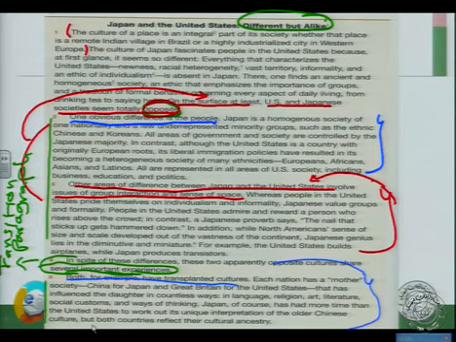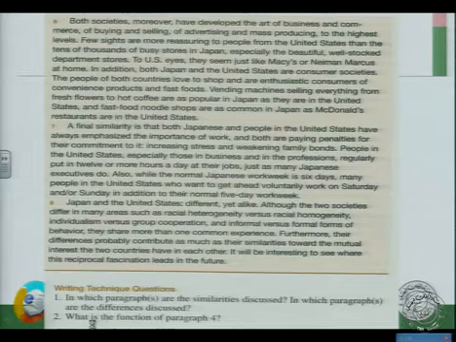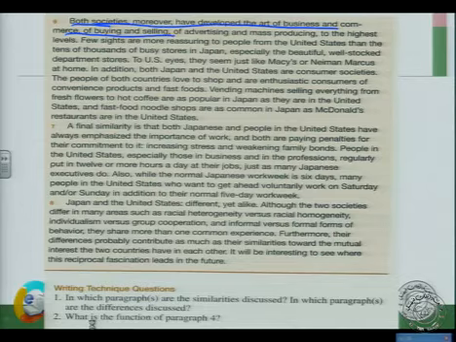Now the rest supports this topic sentence. Is it clear? Let us go to the second paragraph. Both societies, again, talking about Japan and United States. Both societies have developed the art of business and commerce, of buying and selling. So this is another shared experience.